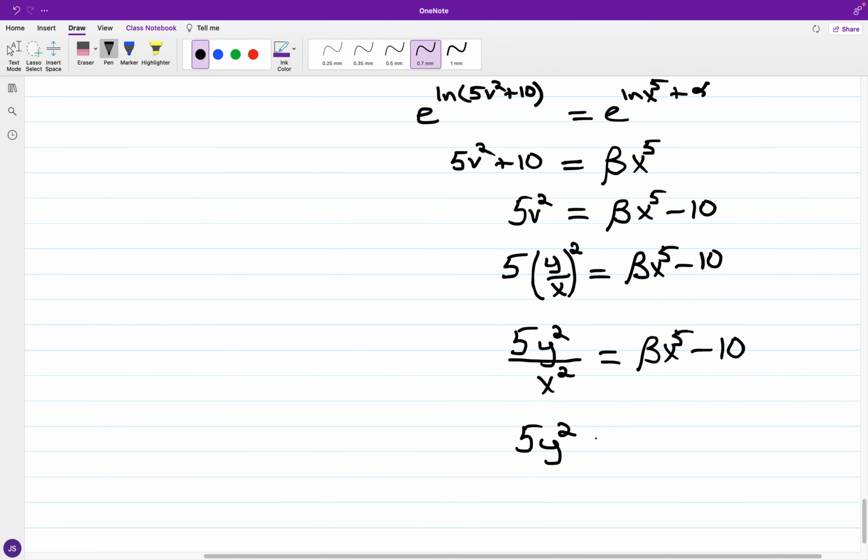And multiplying by x squared, okay, so you have beta times x to the 7th minus 10x squared.